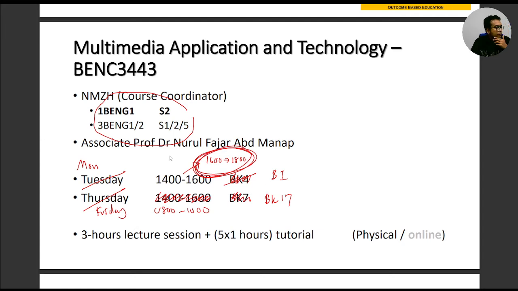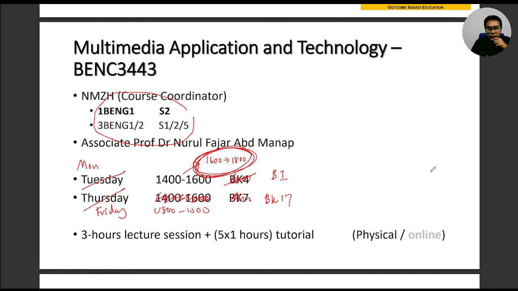Alright. Okay. So commonly the lecture is conducted in two methods, whereby we will have the lecture session for 3 hours per week, helped by 5 tutorial sessions to make the students' understanding deeper and be well prepared for all the assessments given by us soon.